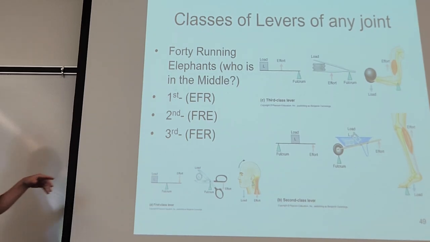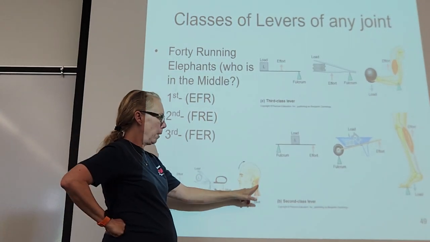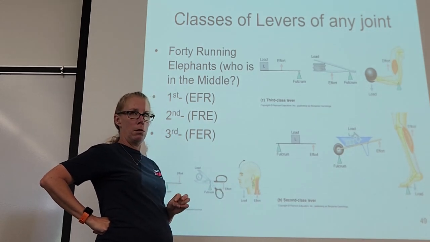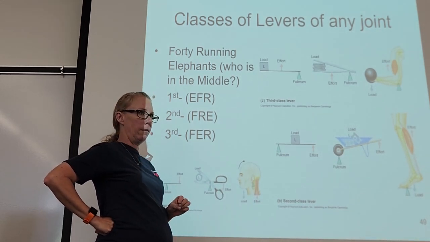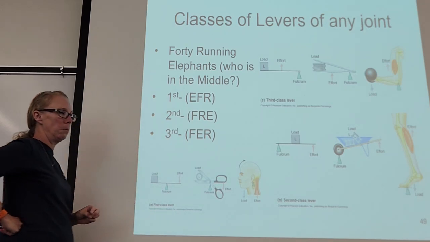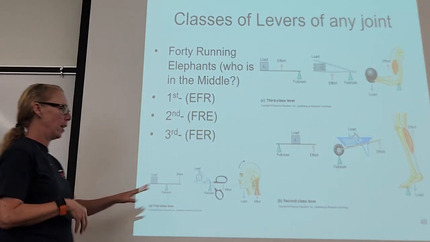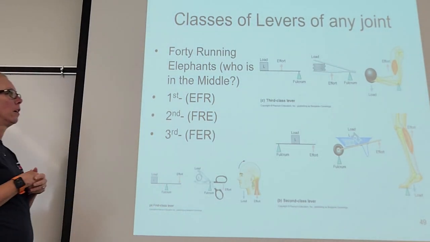So if these are postural muscles that we're using all the time, what kind of muscle fiber type are these going to be? Slow oxidative, right? Some of those muscles are going to be slow oxidative because you're constantly contracting them all day long. And they don't poop out on you, because if they did, you'd be looking at the floor the whole time. All right, so that's an example of a first class lever.